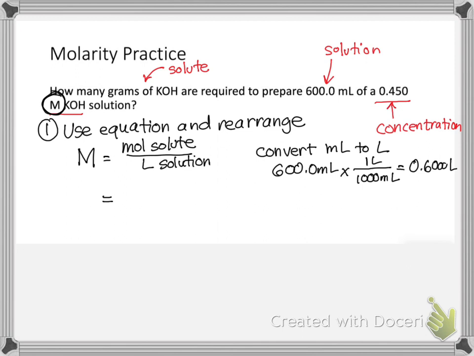So I know the concentration is 0.450. If you like to think of the units, molarity, the capital M, this is moles over liters. Then I don't know my solute, and I'm just going to call it X. And then on the bottom, I have 0.6. So I'm going to multiply the 0.6 to the other side.